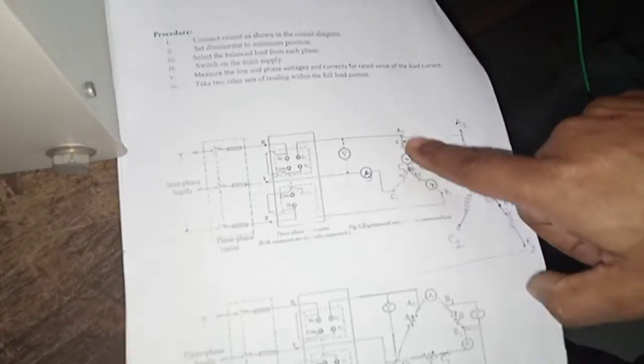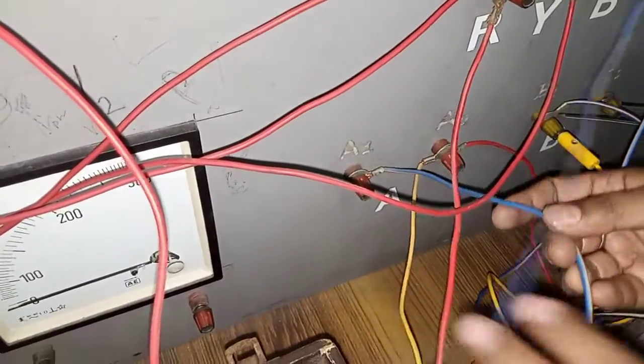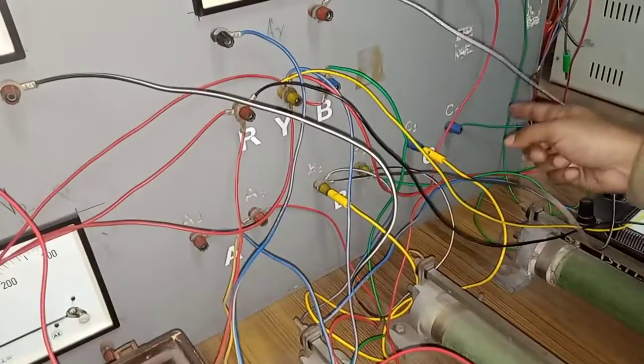From R it will go to L, then to A2. From A1 it will go to one ammeter, and from the ammeter it will go to the common terminal of A phase, B phase and C phase.